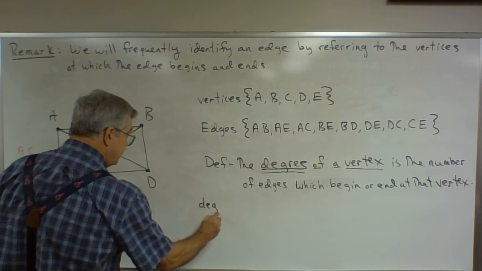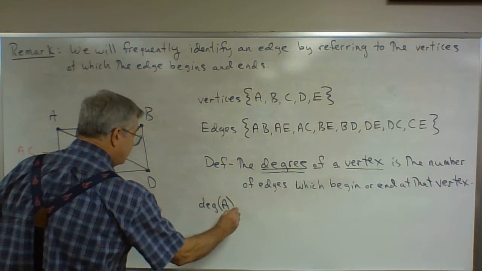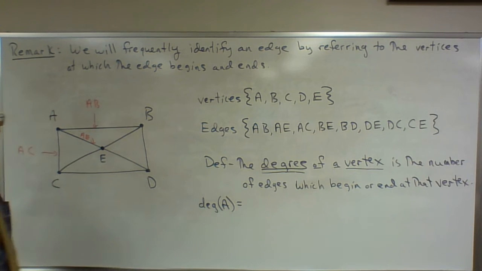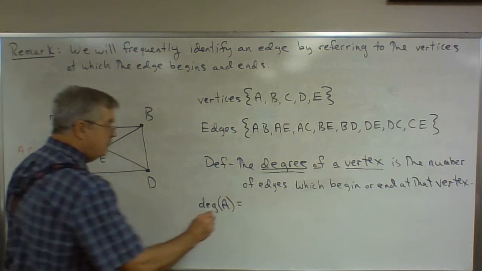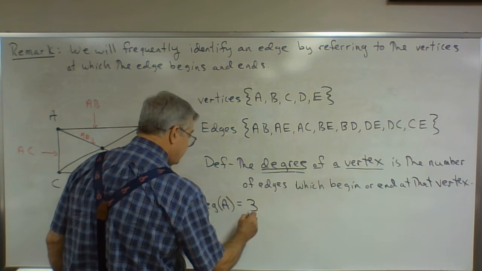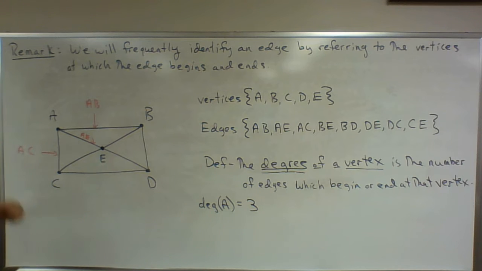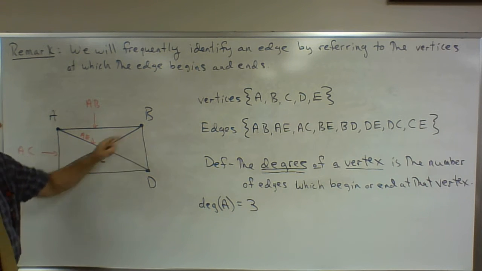The degree of vertex A, let's see, how many edges do we have that begin or end at that vertex? 1, edge AC, 2, edge AE, 3, edge AB. The degree of vertex A is 3. And what about the degree of vertex B?